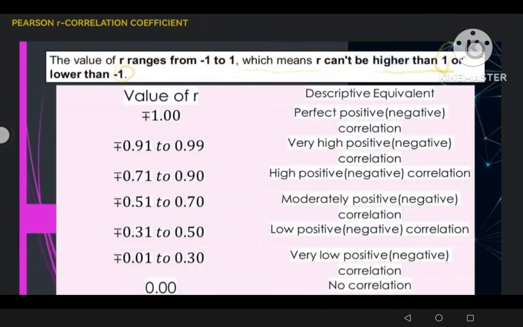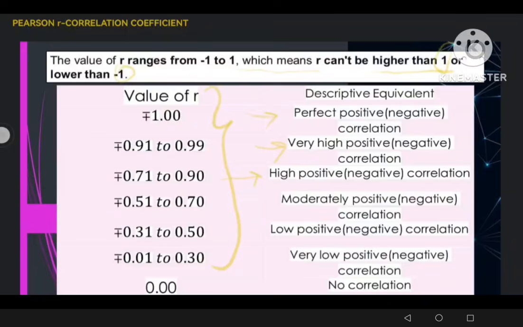Okay, so these are our descriptive equivalents. If our answer is either +1 or -1, the equivalent is perfect positive or perfect negative correlation. From 0.91 to 0.99, either positive or negative, that's very high positive or very high negative correlation. 0.71 to 0.90, either positive or negative, that's high positive or high negative correlation. 0.51 to 0.70, that's moderate positive or negative correlation. 0.31 to 0.50, that's low positive or low negative correlation.